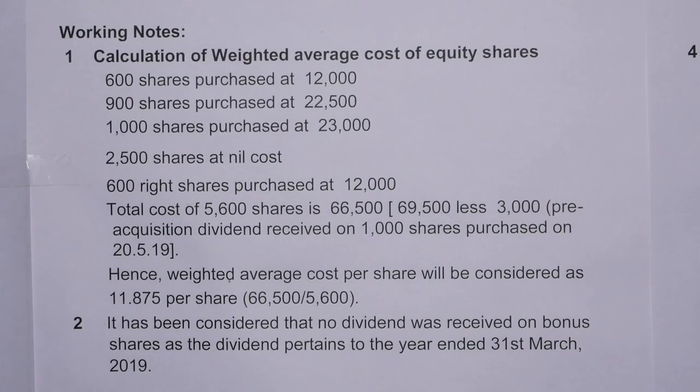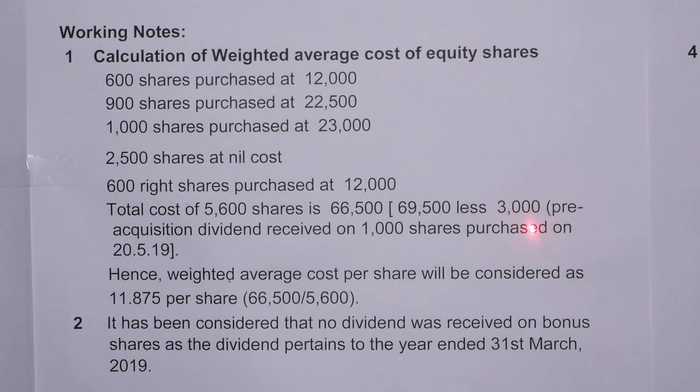Now we are calculating weighted average cost of equity share. 600 share purchased at the rate 12,000 rupees, 900 share purchased at the rate 22,500 rupees, 1000 share purchased at the rate 23,000 rupees, 2500 bonus share cost is nil, 600 right share purchased at 12,000 rupees. So total cost of 5600 share is 69,500 minus 3000.